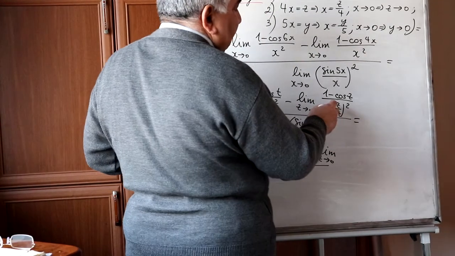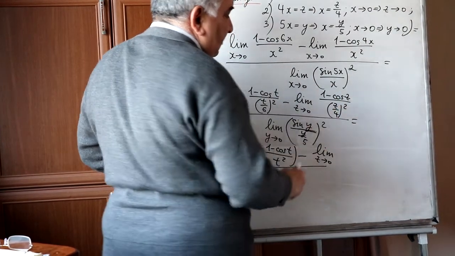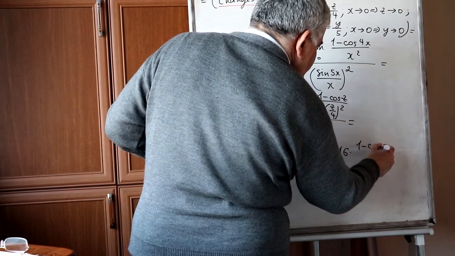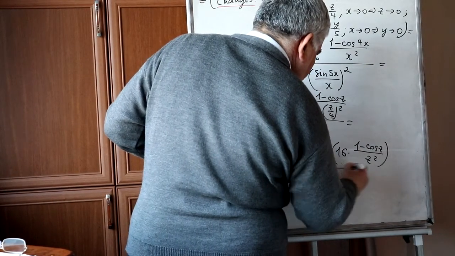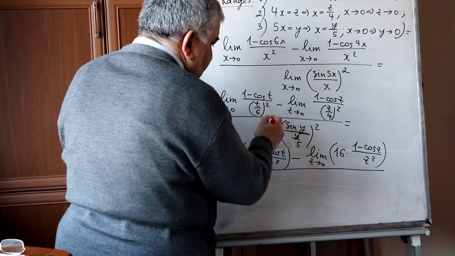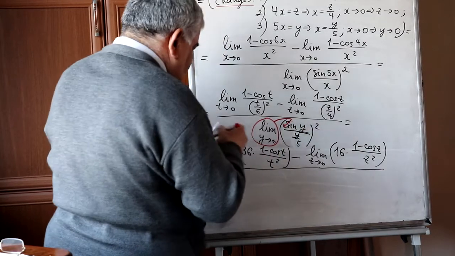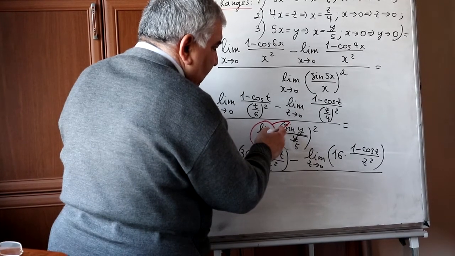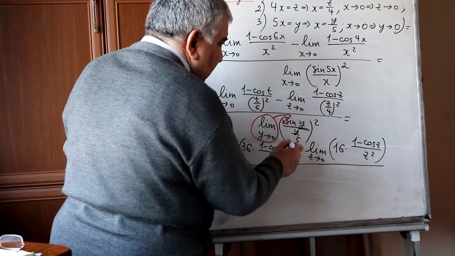Here we obtain z squared over 16, and 16 can be transferred into the numerator: 16 multiplied by 1 minus cosine z over z squared, divided by, we can introduce the limit in the denominator under the square symbol, and here 5 can be transferred to the numerator, and then we obtain 5 squared is 25.